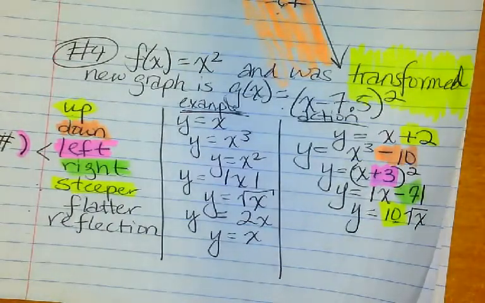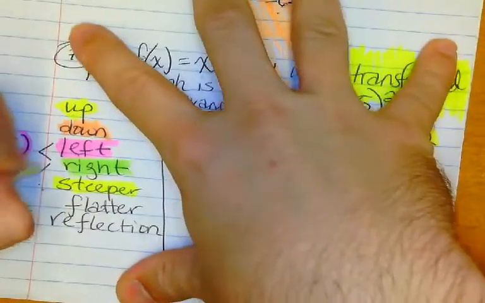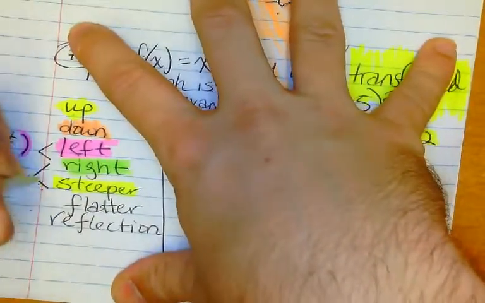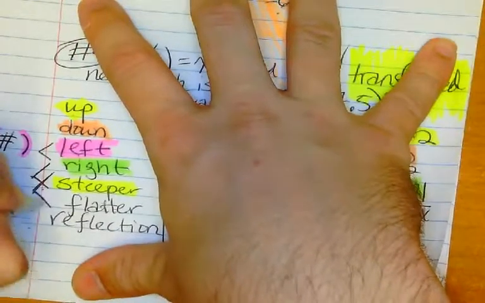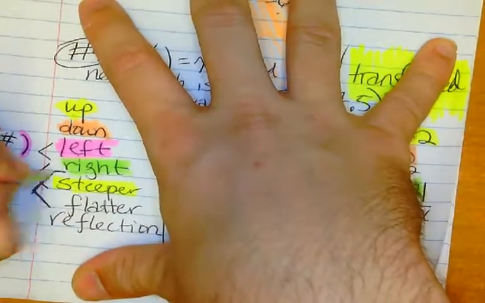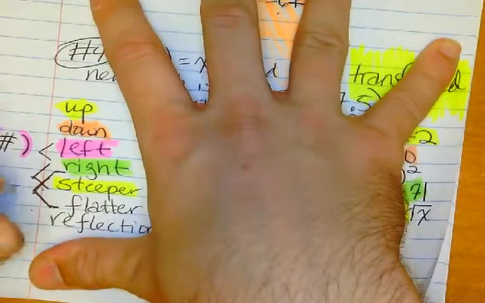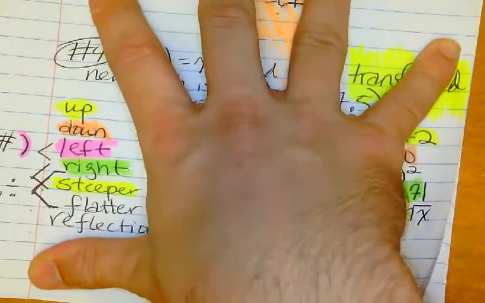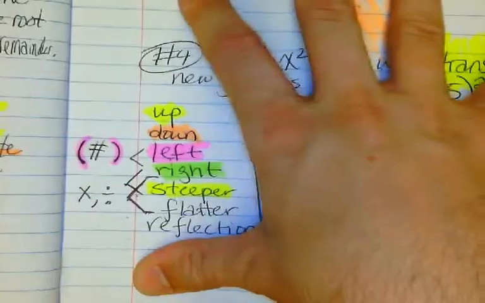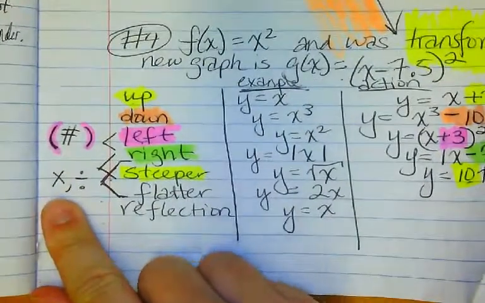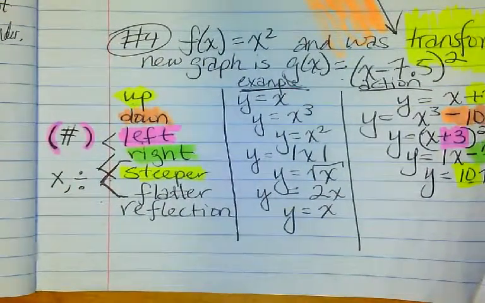That's where multiplication and division come into play. So steeper and flatter here, we're going to talk about multiply, we're going to talk about divide. That's when you start switching operations on us.